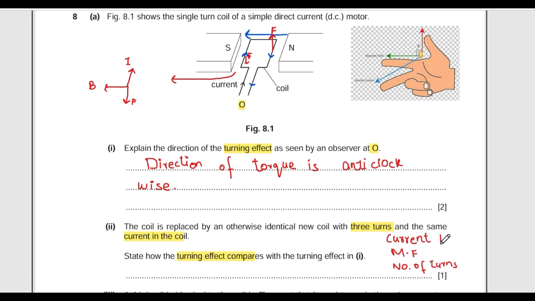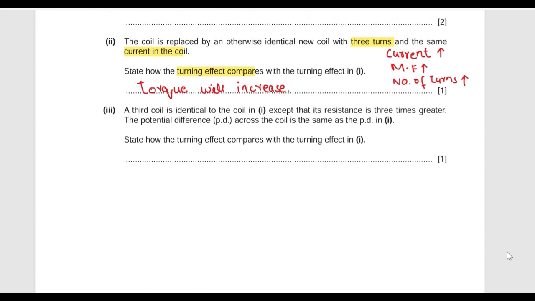If you increase the current, the force will increase. If you increase the magnetic field, the force will increase, and similarly, if you increase the number of turns, the force will increase, the torque will increase. So if we have more turns now, the torque will be more. That means the turning effect would be more.